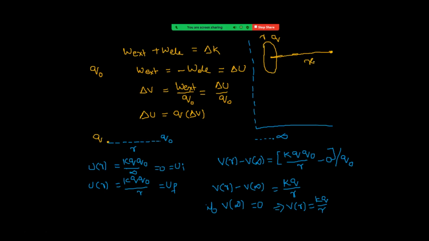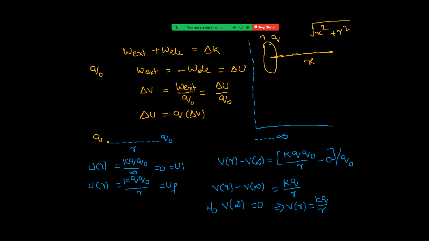Now if you observe, each and every point charge on this ring is at the same distance from this point, and that distance is square root of x square plus r square. Right? I am repeating.